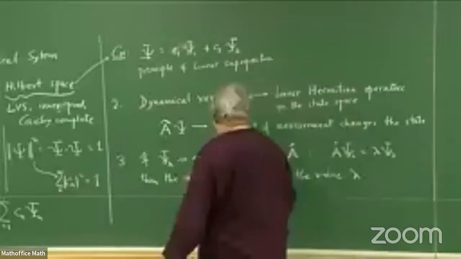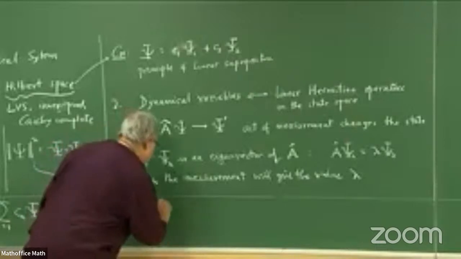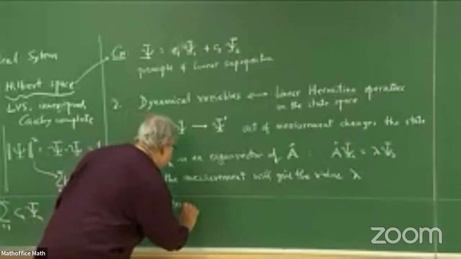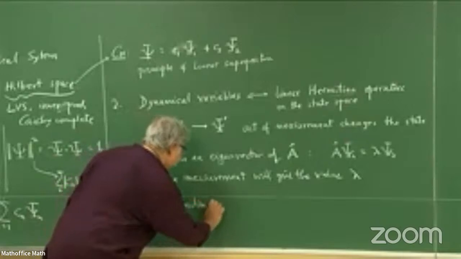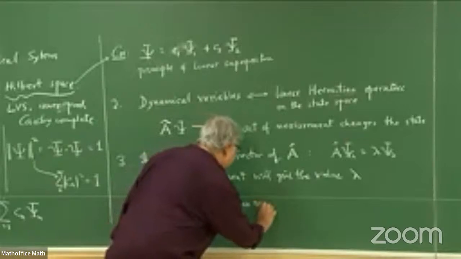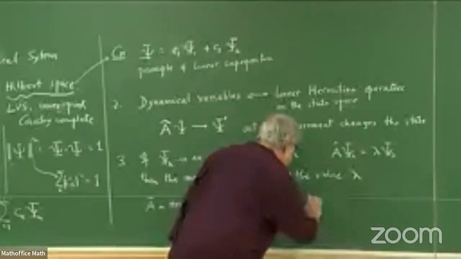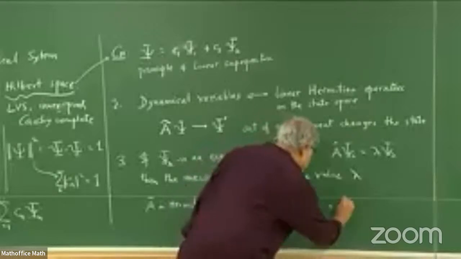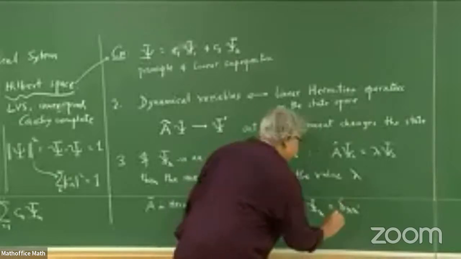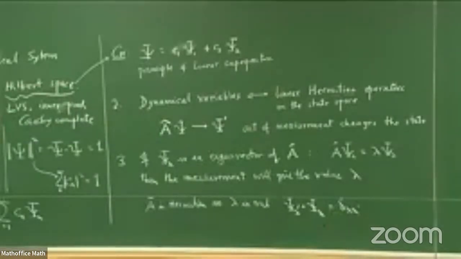A is Hermitian, so that implies that lambda is real. This is a standard proof. It also means that if you have two different eigenvectors, psi lambda prime dot psi lambda is delta lambda prime lambda. So the eigenvectors are orthonormal.